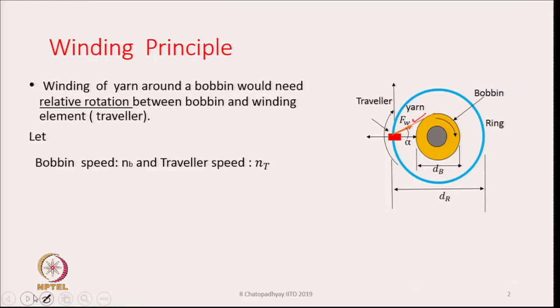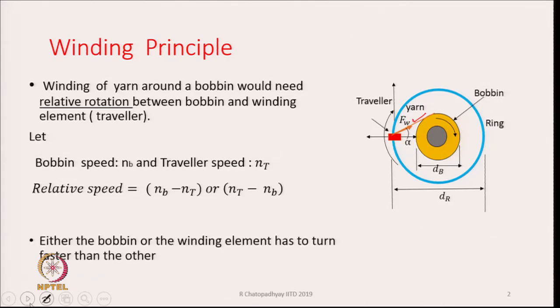Let the bobbin speed be n b and the traveler speed, let us say, be n t. Then the relative speed between these two is either n b minus n t or n t minus n b, depending upon which one is rotating faster.